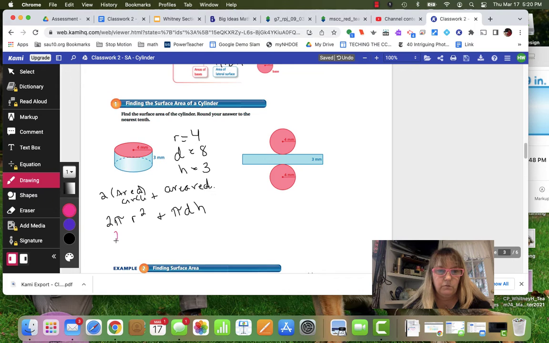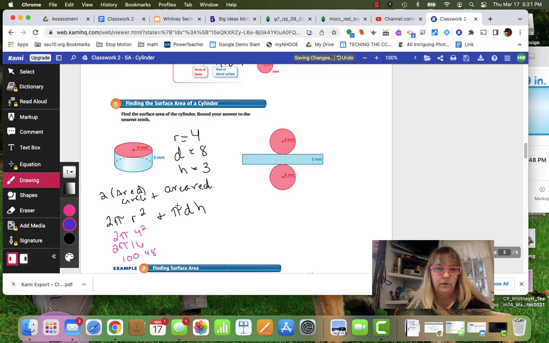So it's 2 times pi times the radius squared. That's 2 times pi times 16, and that is 100.48. All right.